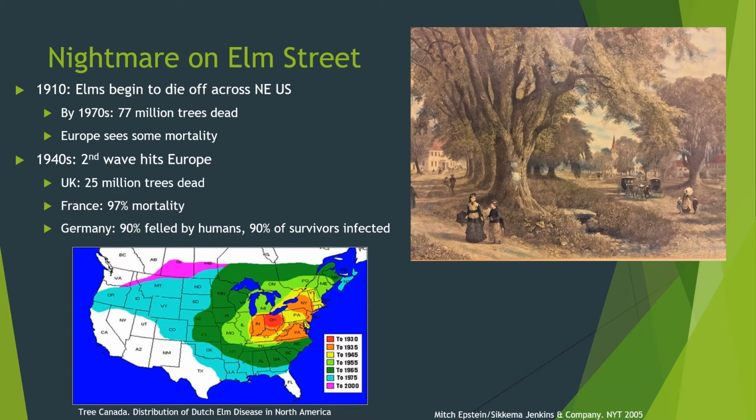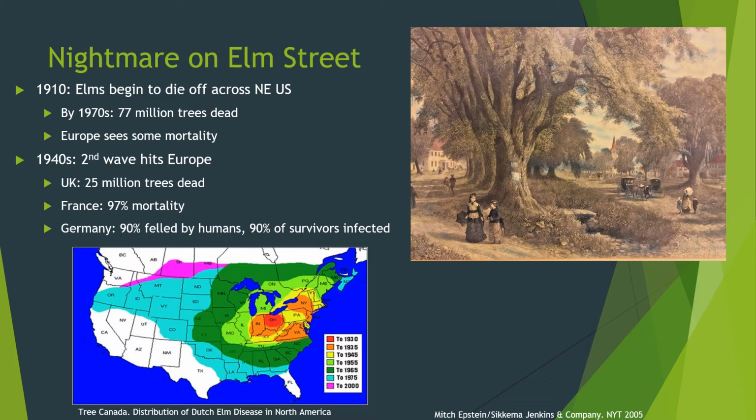In the early 1900s, elms were one of, if not the most popular street planted tree throughout the US, particularly in the Northeast. And in around 1910, people started to notice that elm trees in Ohio specifically were starting to die off. Nobody really knew why.